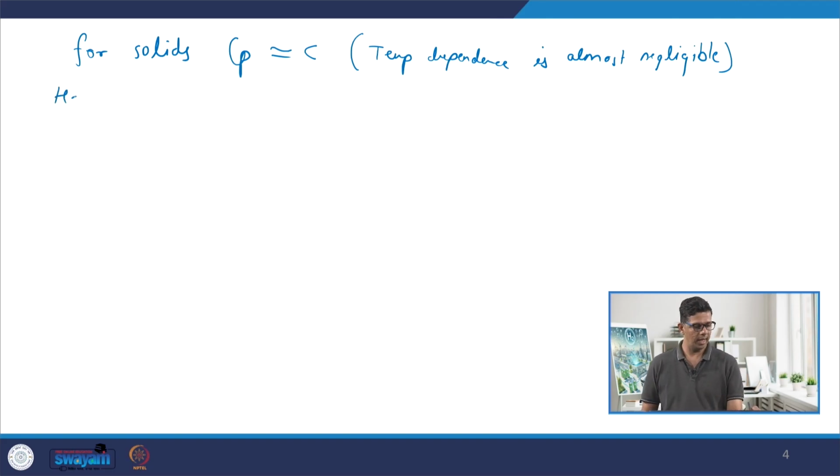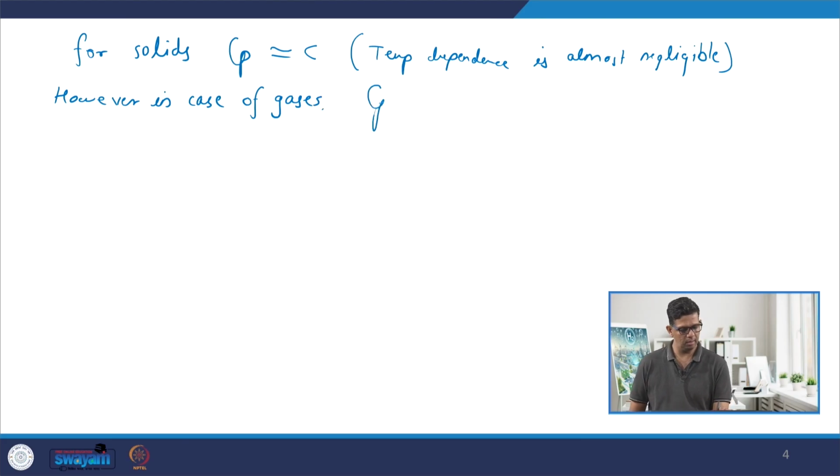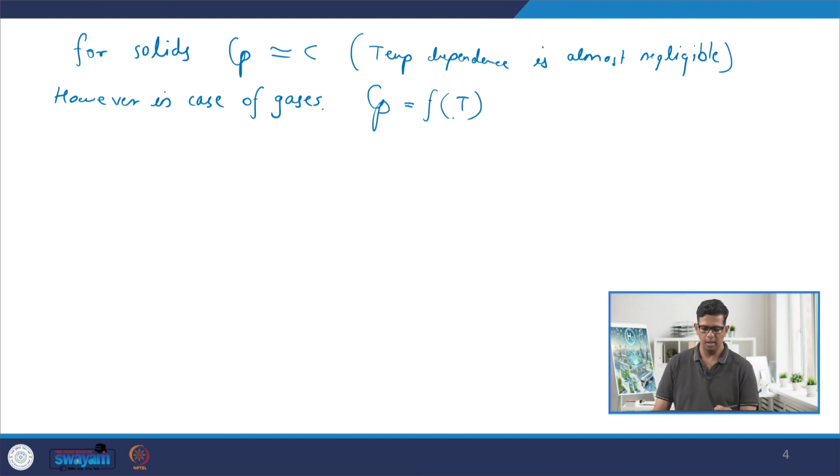However, in the case of gaseous species, or gases, the Cp is a function of temperature, which we will see as we proceed, and that is why we need to take into account its integration over temperature. Only then can we find the enthalpies and the entropies.